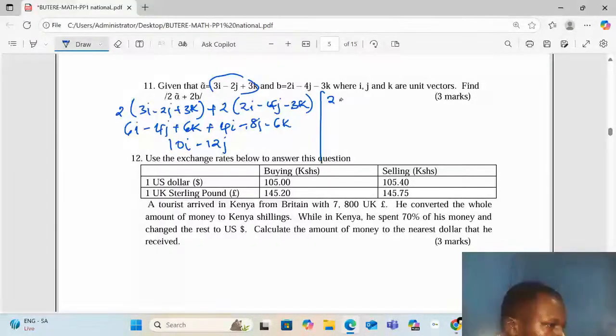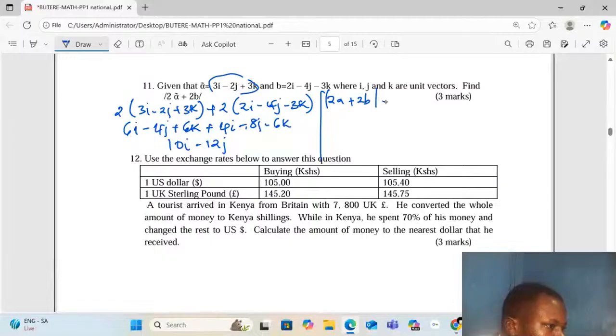Then we know that 2B is going to be the square root of 10 squared plus negative 12 squared.